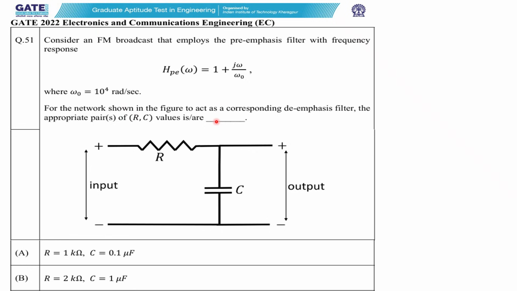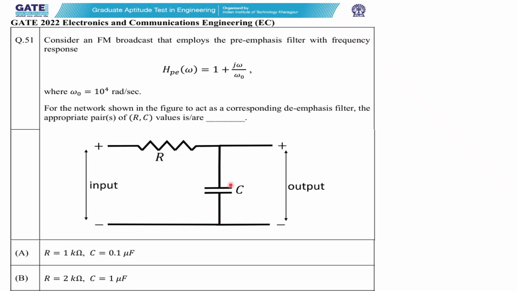So first our target is to find the values of resistance and capacitance. First we must find the transfer function for the de-emphasis circuit, and only then can we find the values of R and C. Here they are looking for the appropriate pair.